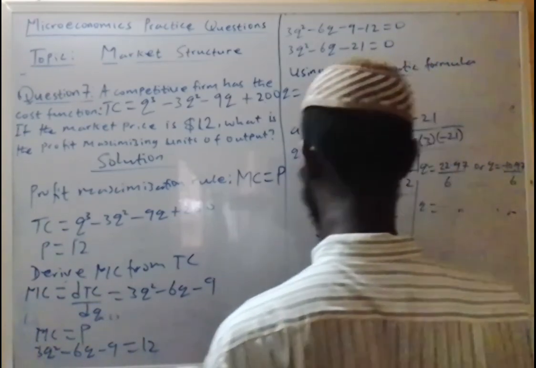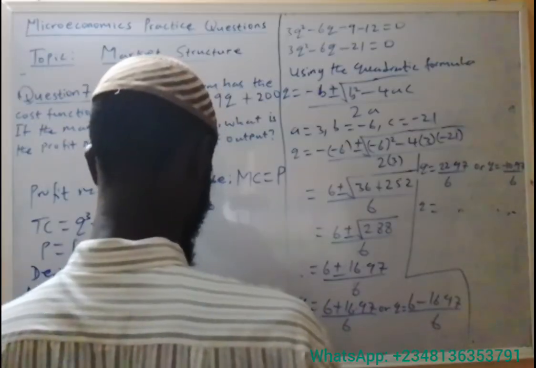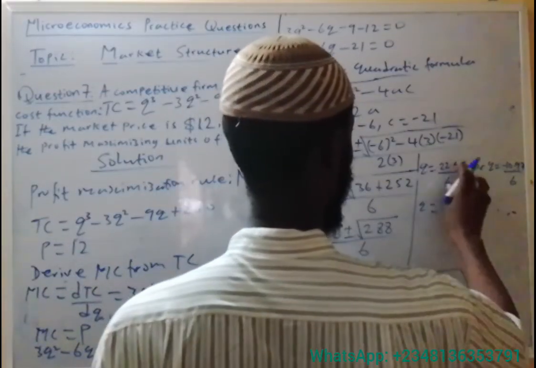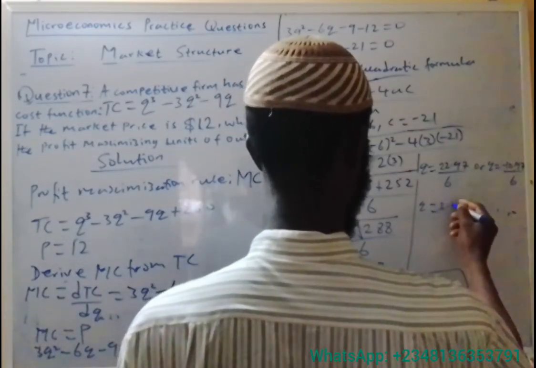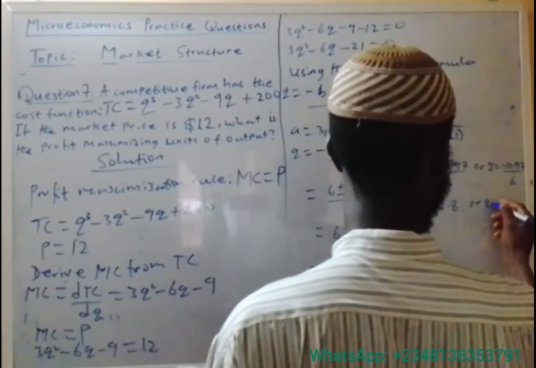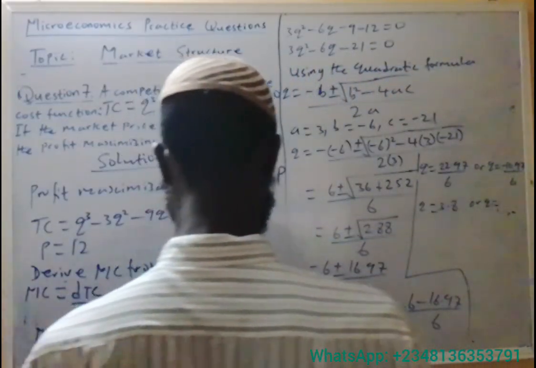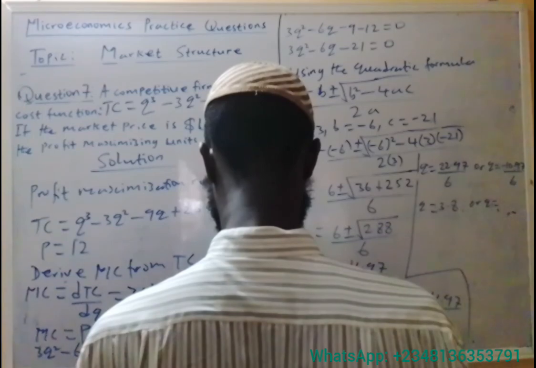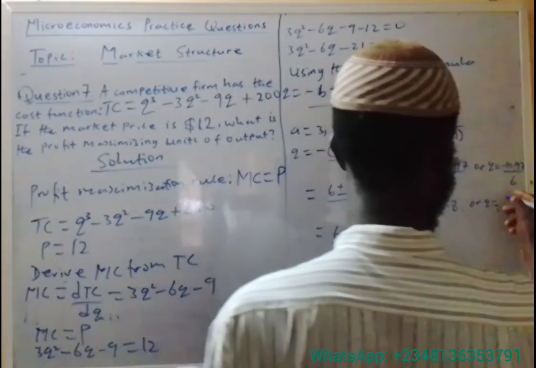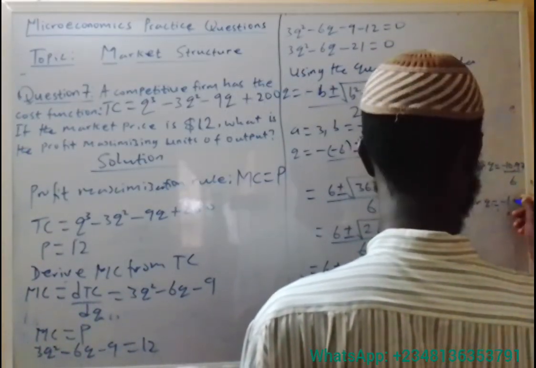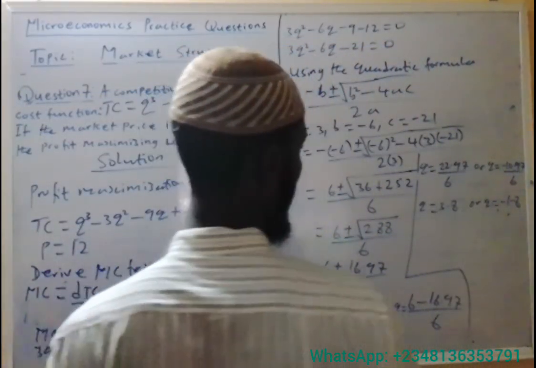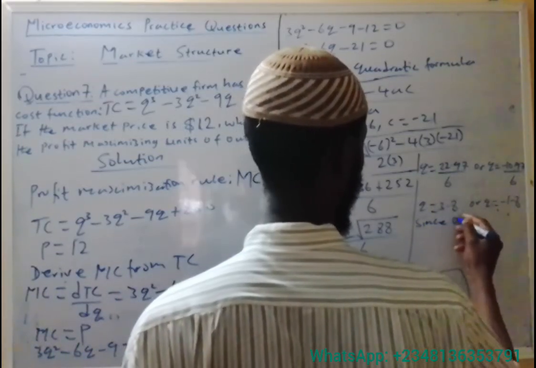Then 22.97 divided by 6 gives us 3.8, or q is equal to minus 10.97 divided by 6. That gives us minus 1.8. Okay, 1.8.